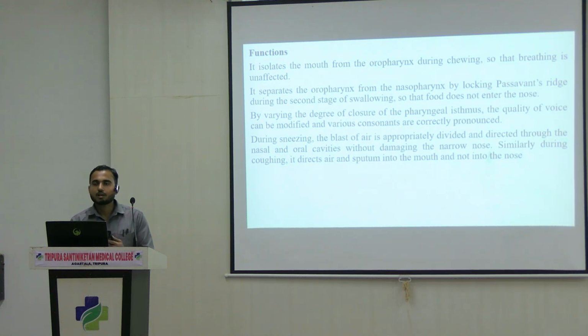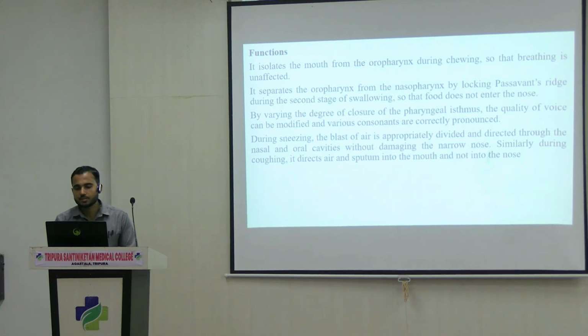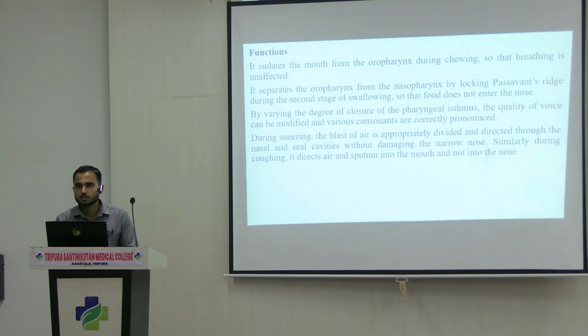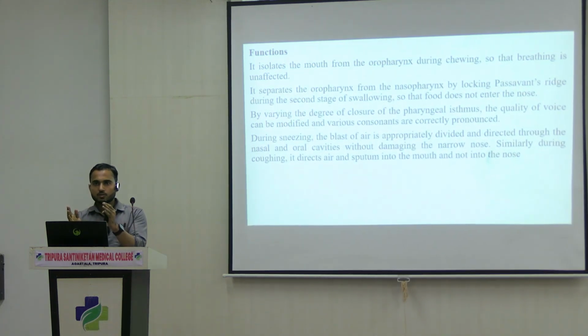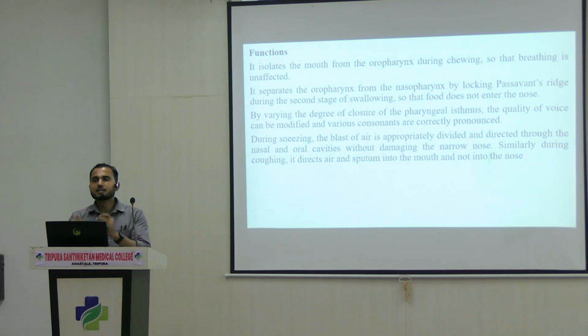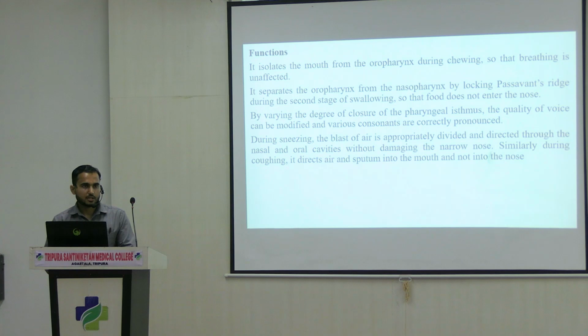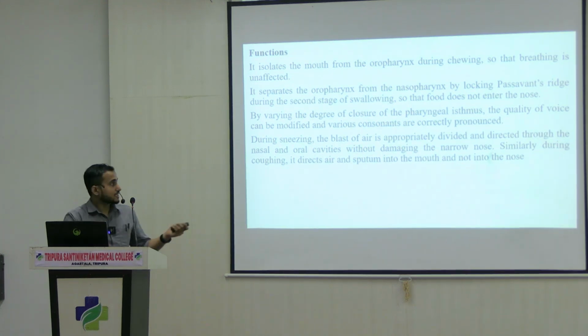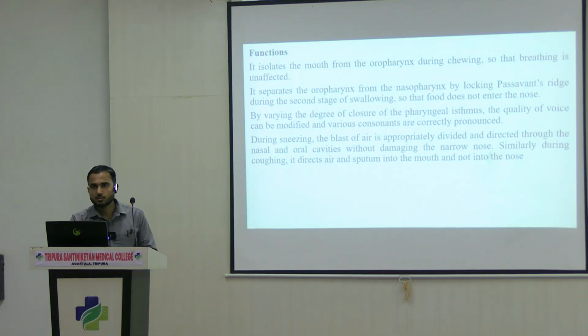Now, how is it functioning? It will isolate the oral cavity from the oropharynx. The oropharynx lies just behind the oral cavity. So the oropharynx and oral cavity are separated, so that whatever we are chewing will not go to the oropharynx at that time. That is one function. Next function: it separates the oropharynx from the nasopharynx.